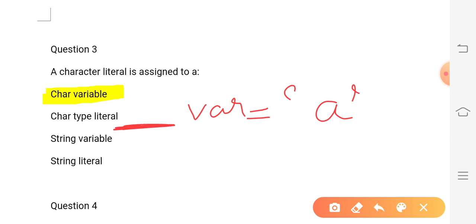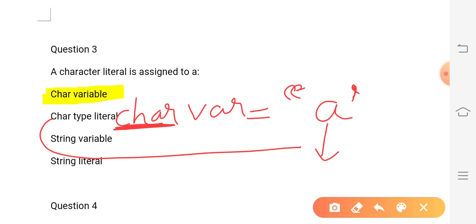The character a will get assigned to a char type variable. So this is your char type literal and this one is your char type variable. This is the difference between char variable and char type literal.